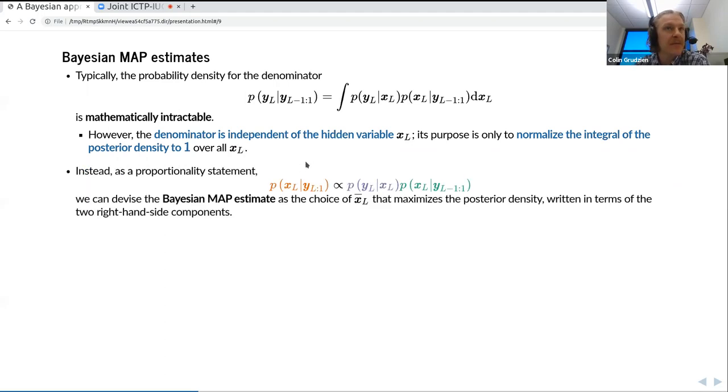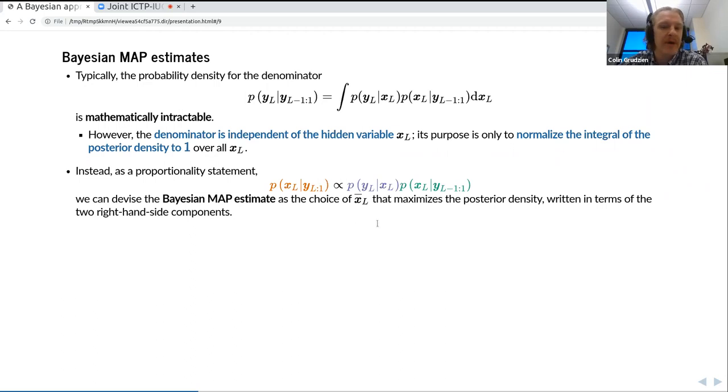So instead, if we read this as a proportionality statement, we say the density for our filtering estimate of the current model state, given the past time series up to and including the current observation, can be written proportionally as the likelihood of the current data times the forecast from our last filtering density.